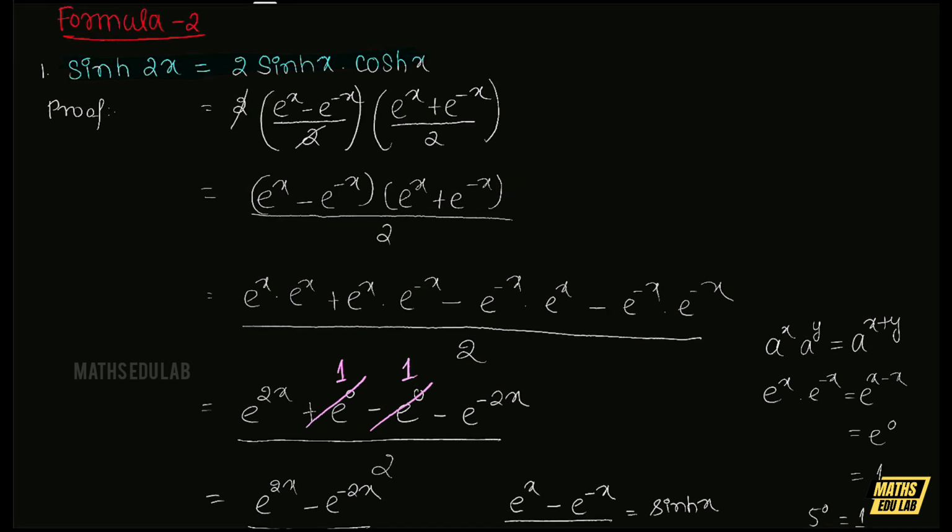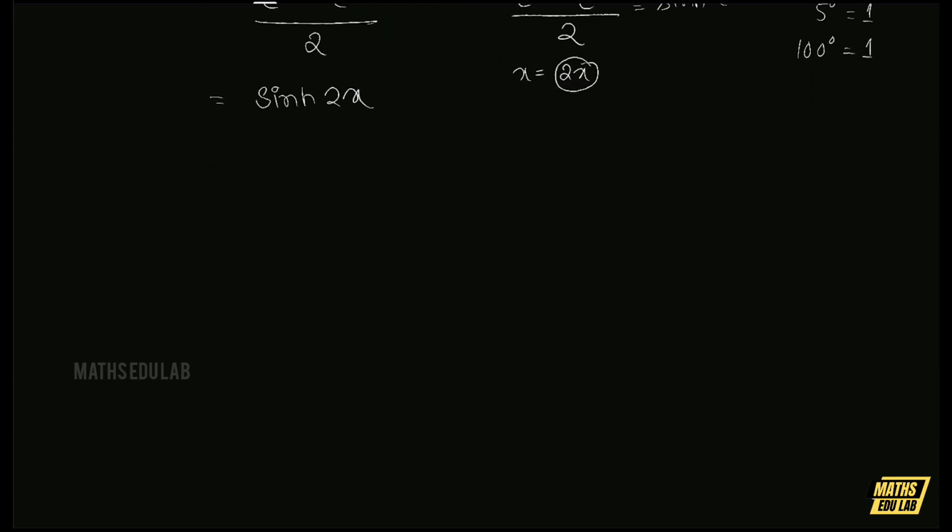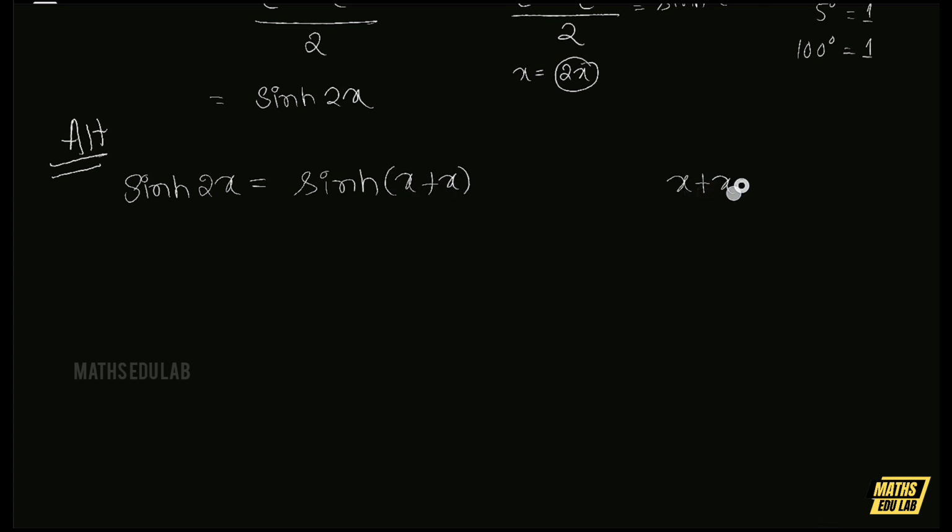Now we can also find the alternative way to get the sine hyperbolic 2x, which is equal to sine hyperbolic x into cos hyperbolic x, which takes only few steps to solve. That is, to solve the sine hyperbolic 2x, I can write this one as sine hyperbolic x plus x, because x plus x is equal to 2x.